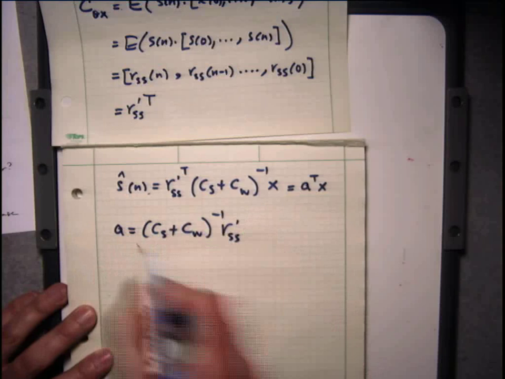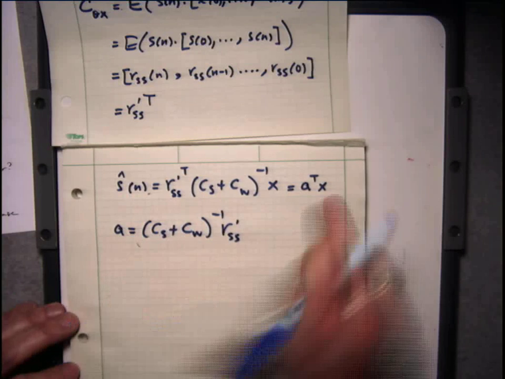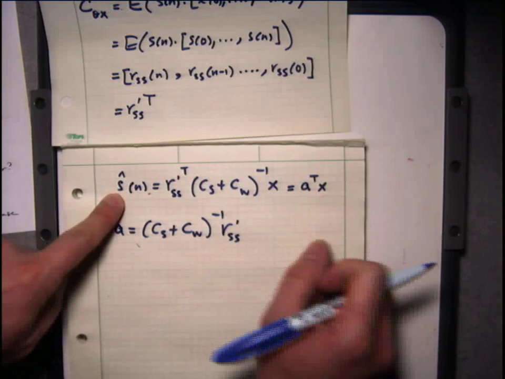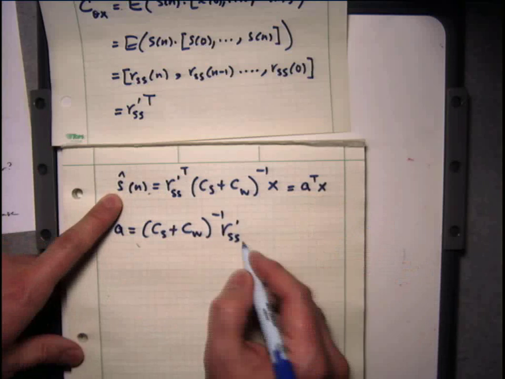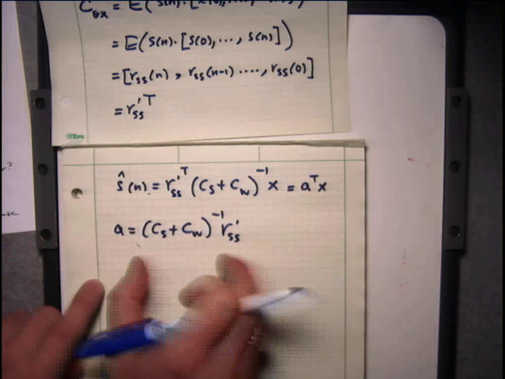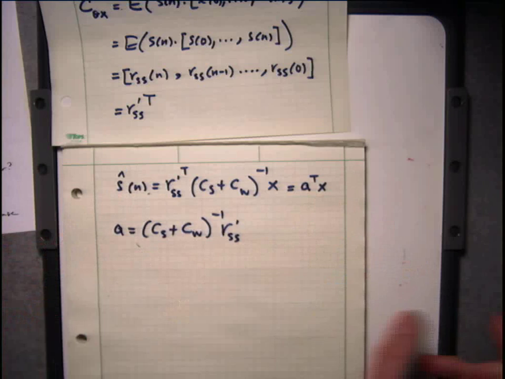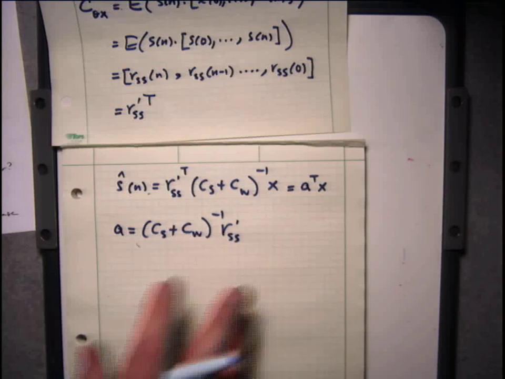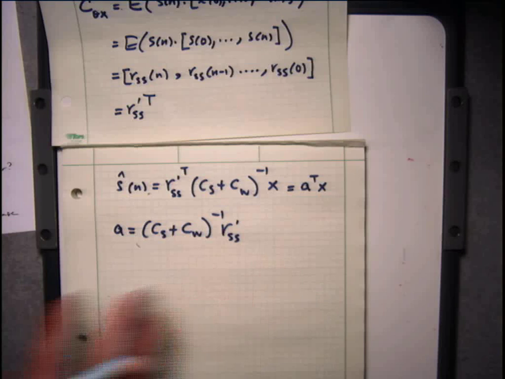This is now a single vector that multiplies x for each sample S of n. So you can think of this as a filter that actually evolves over time for each S of n that you're going to estimate. I want to make sure this is clear before I go on. If it's not, please ask a question now so that I can help you understand it better.